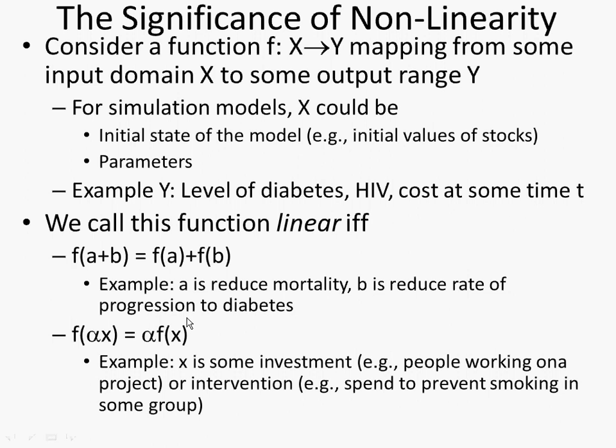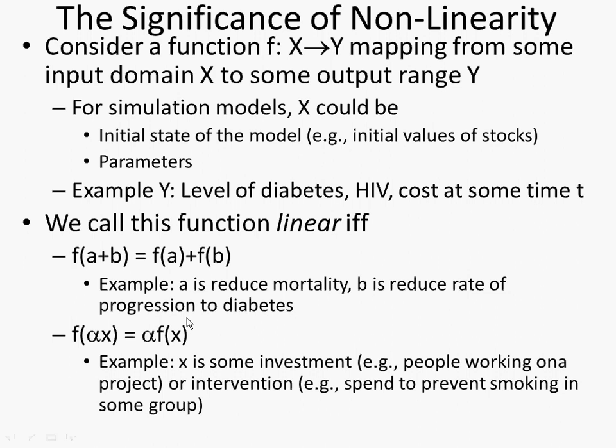So in other words, if we want to understand how this function, let's say the simulation model, responds to some phenomenon in the small, we know immediately how it will respond to it in the large. It's totally transparent. It just scales up in that same way.